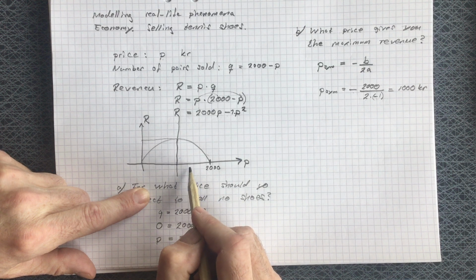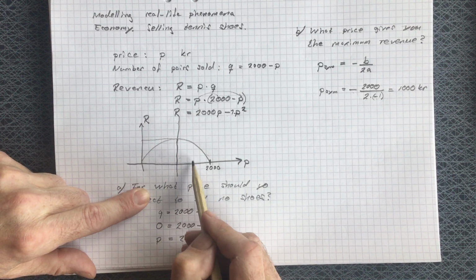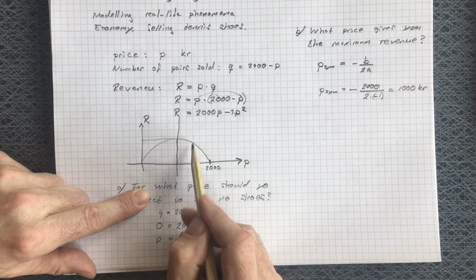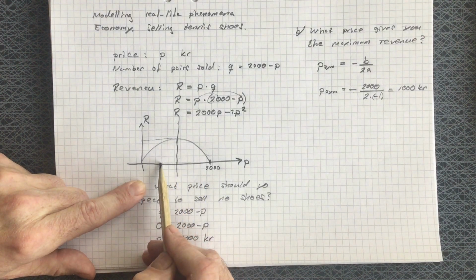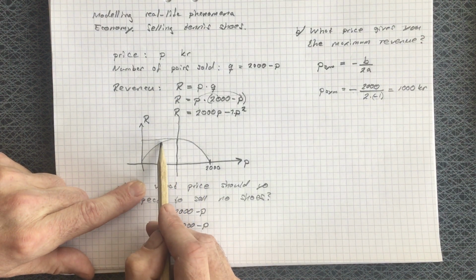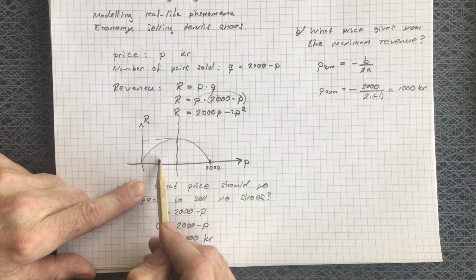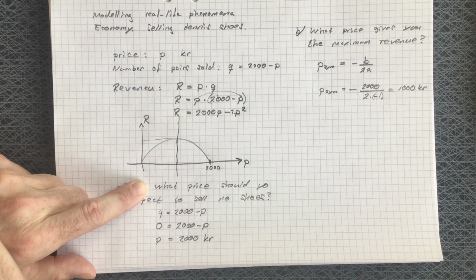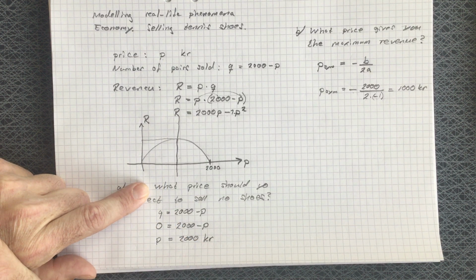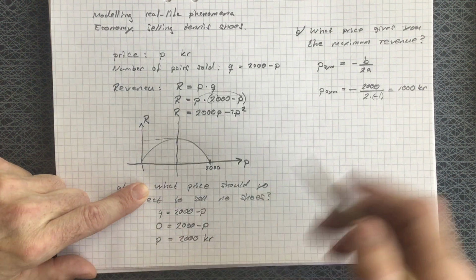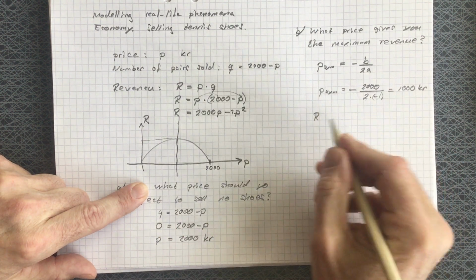You will have a good price for every pair of shoes, but sell very few of them. If you have a lower price, you will sell more shoes, but you will earn less for every pair of shoes sold.